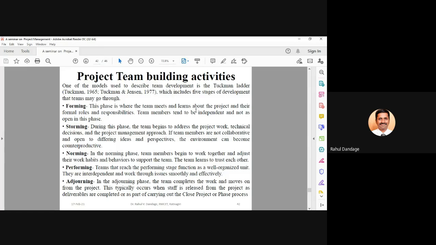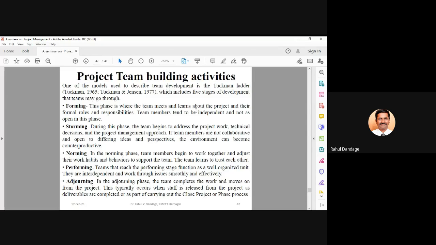They have learned how to trust each other, and how as an entire team we have to work together and achieve the performance objectives. Because of this, the issues and conflicts, whenever they arise, will be dealt with smoothly and effectively.